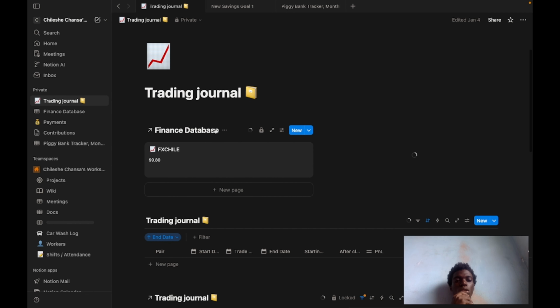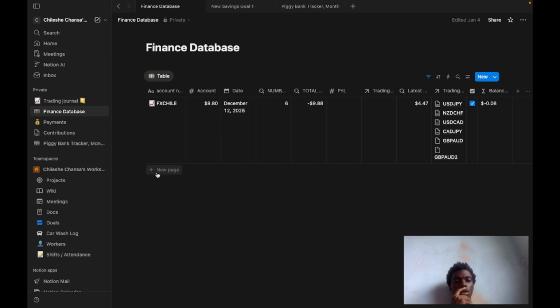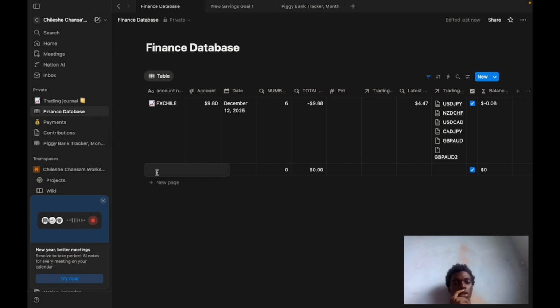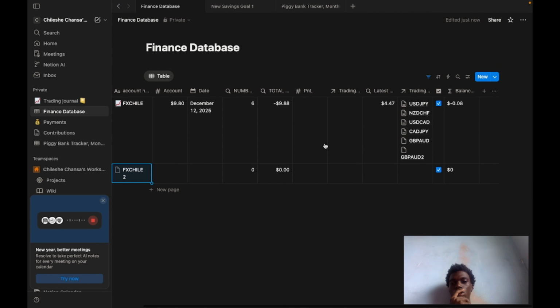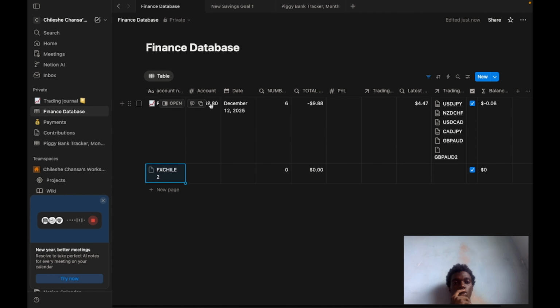So as you can see, this is my trading journal. If we go to our finance database, we can add an account right here. FXCHILE 2. This is a recent account which I just funded, which I blew. As you can see right here, I blew this account.